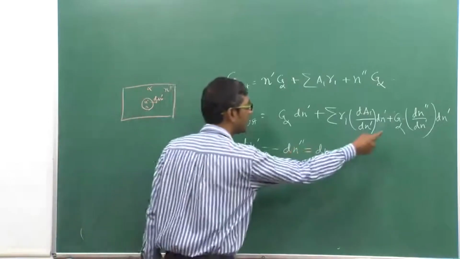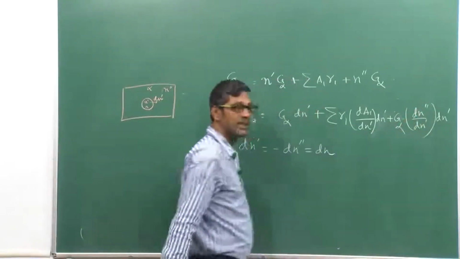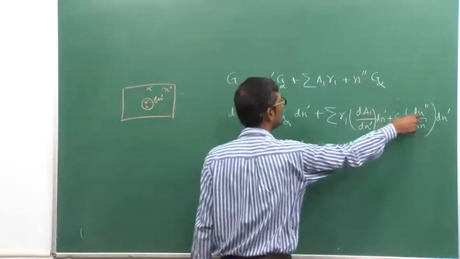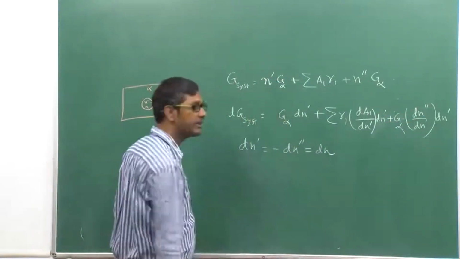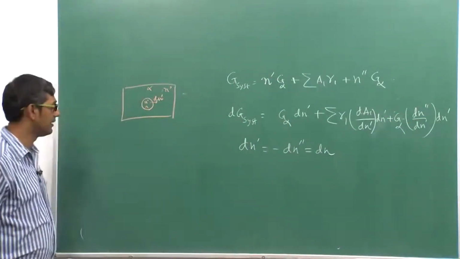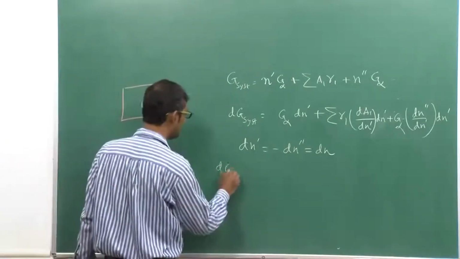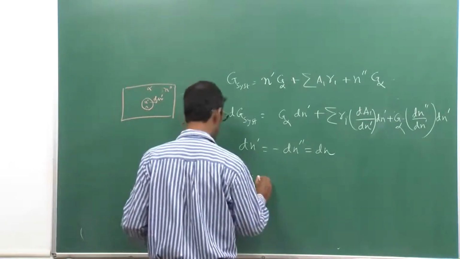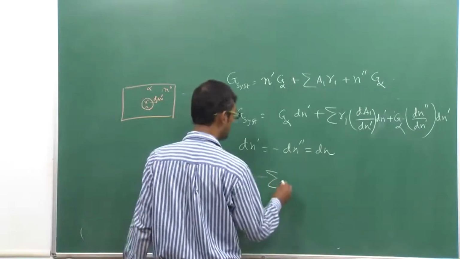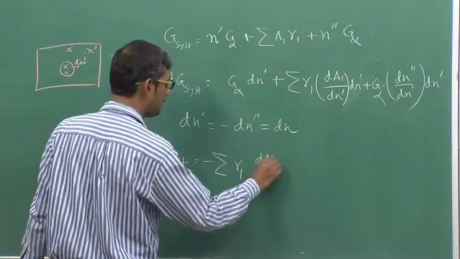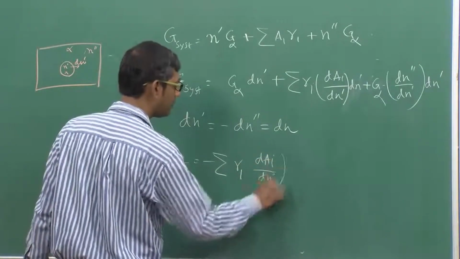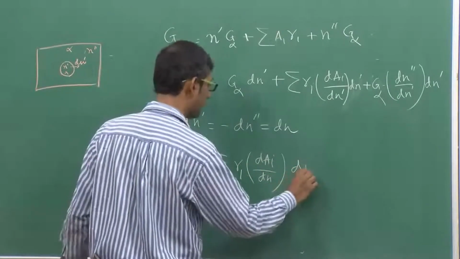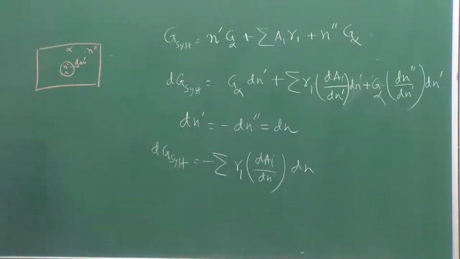Therefore the change dn double prime of the moles of the big grain must be equal to dn prime. Let us suppose this is dn. So I can write dG of the system as nothing but minus gamma I dAi by dn prime, or rather dn, into dn. That is what I write down.